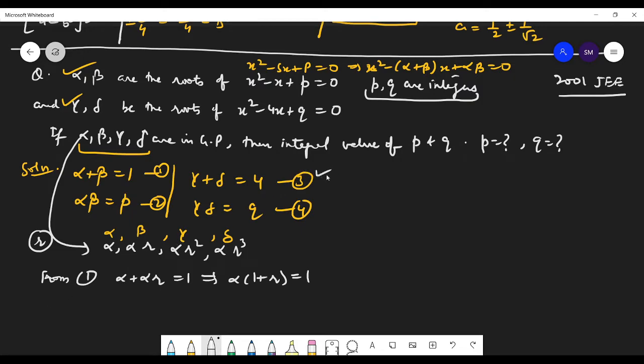Now from the third equation, let us take the sum: alpha r square plus alpha r cube equals to 4. Alpha r square is common here, so I get alpha r square into (1 plus r) equals to 4. Let this equation be 5 and this equation be 6.